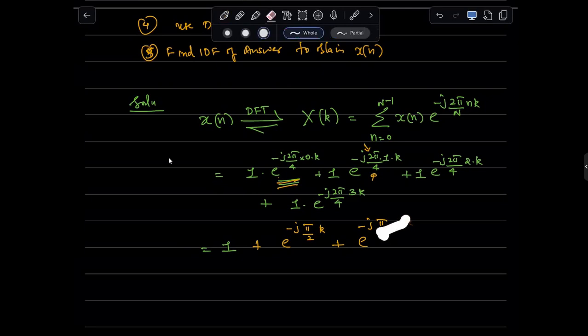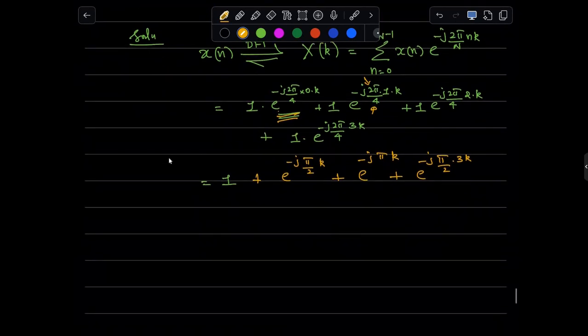So I will be getting e power minus j pi k, isn't it? Plus e power minus j pi over 2 into 3k.